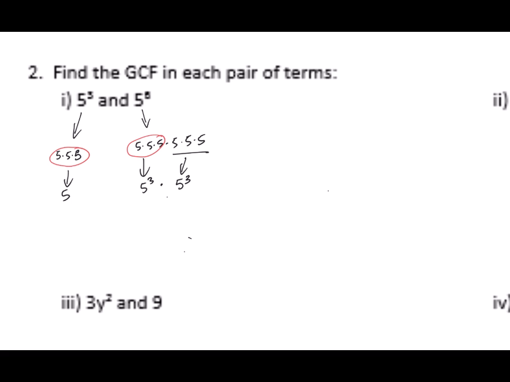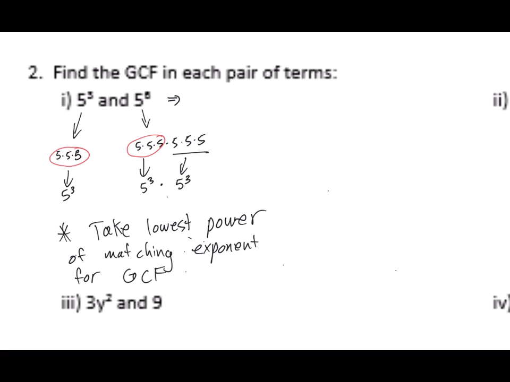And this other half of this turns into 5 cubed. So the key, this is the note that we're working with. If I wanted to find the GCF of 5 cubed and 5 to the 6, what you do is you literally take the lowest power of the matching exponent for the GCF.